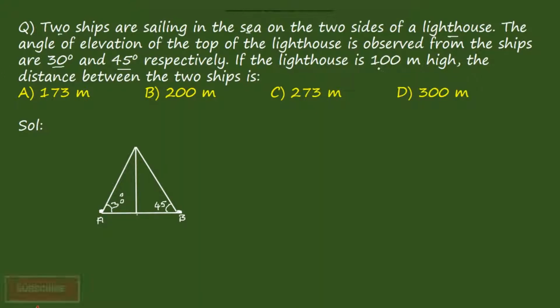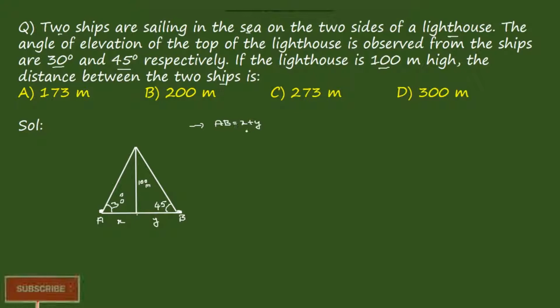The height of the lighthouse is 100 meters. The distance between the two ships is, we have to find the distance AB. If you consider this one as X and this one as Y, then the distance between the two ships is AB, equal to X plus Y, right?